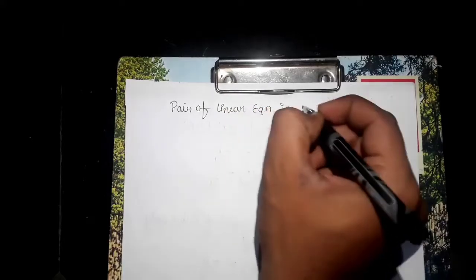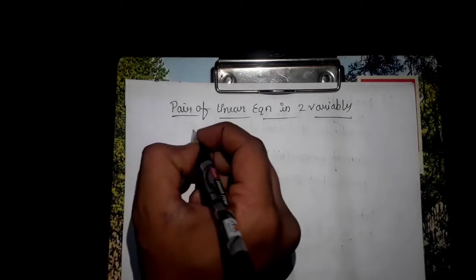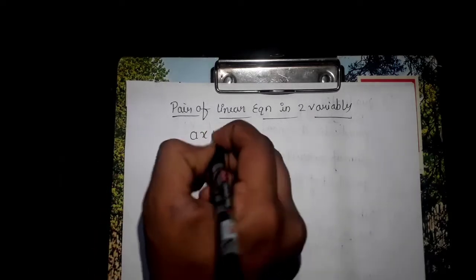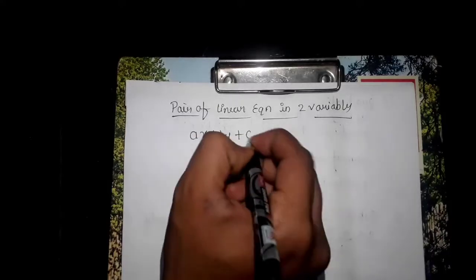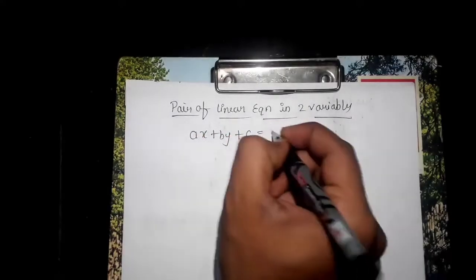Let us jump to the third chapter, that is pair of linear equations in two variables. As we know that linear equation in two variables will be in the form of ax plus by plus c is equal to 0.